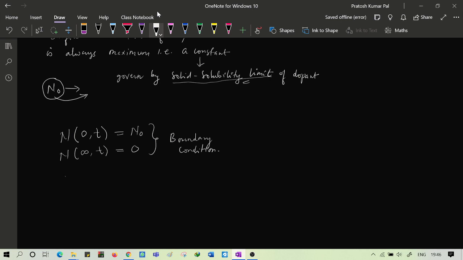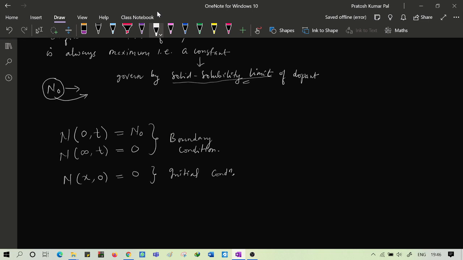The next condition is, for any diffusion depth x, the concentration at t equals 0. That means if no diffusion has taken place at t equals 0, the concentration will be 0. This is called the initial condition.